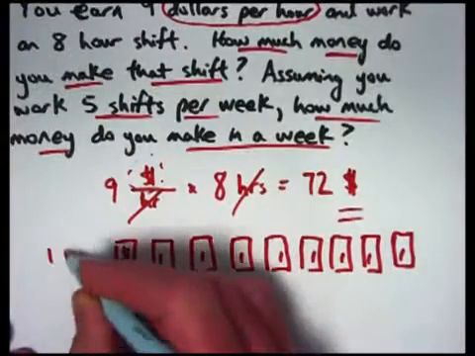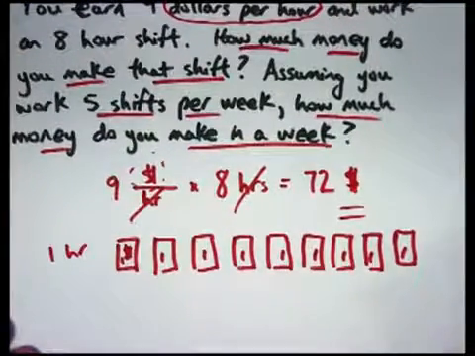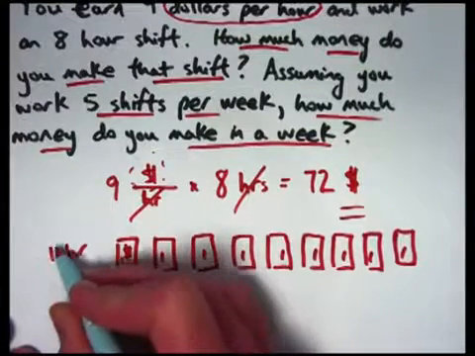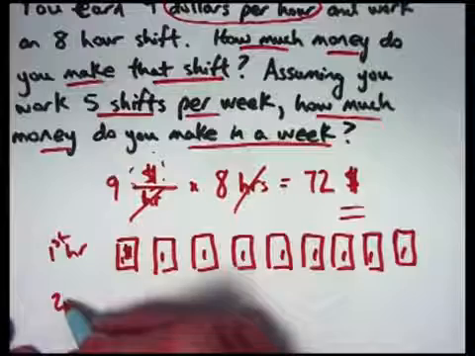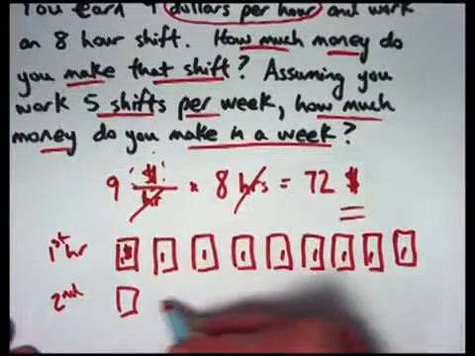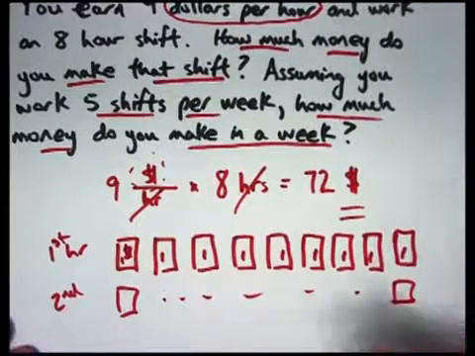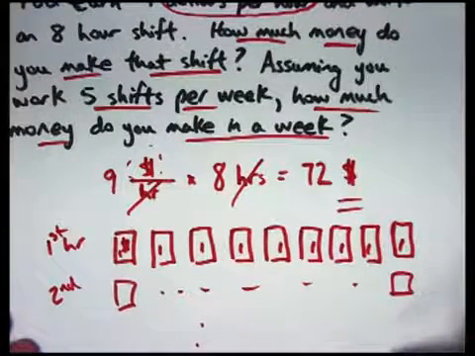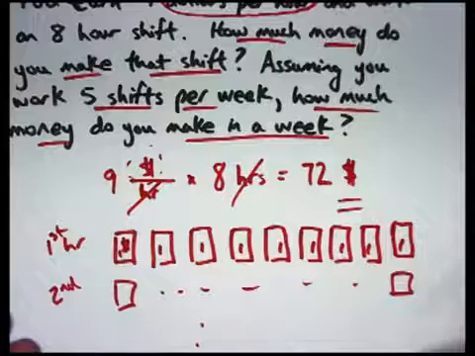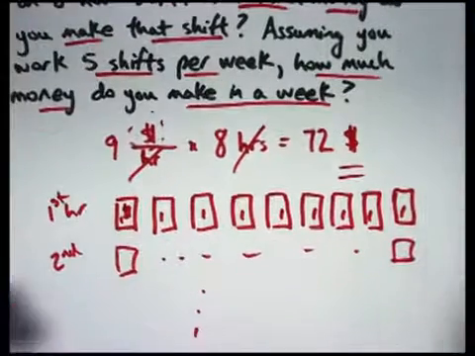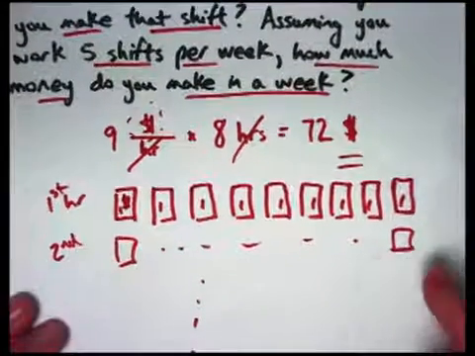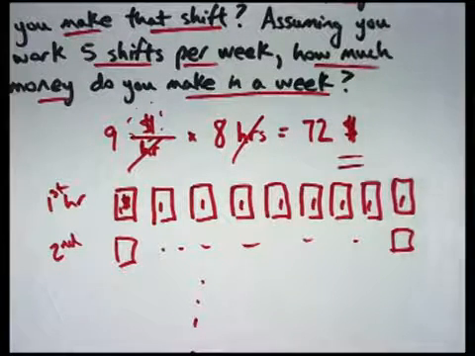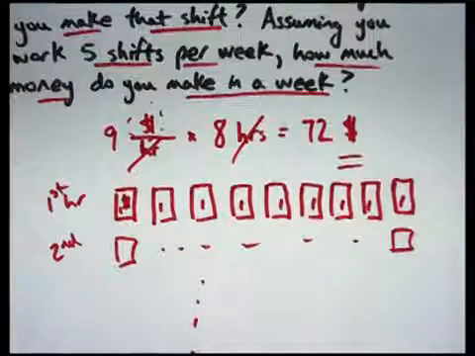And that's the first hour. The second hour, you again have $9 bills, etc. You'd have 8 rows for the 8 hours that you worked of $9 in each row. An array again, a chart if you will, showing you that 9 times 8 is the answer. Also 8 times 9 is the answer. It's commutative. Again, giving you $72 in the end.